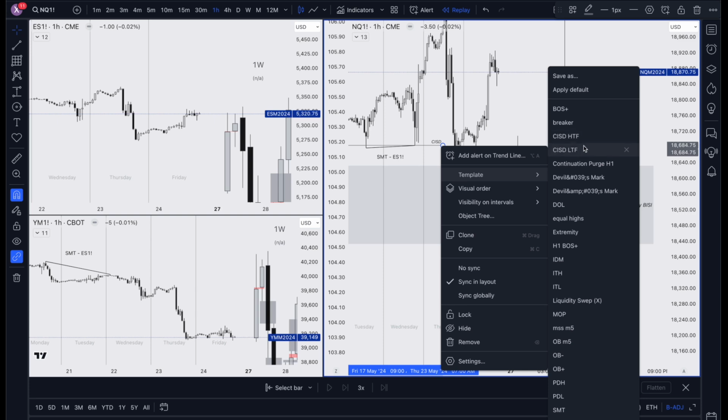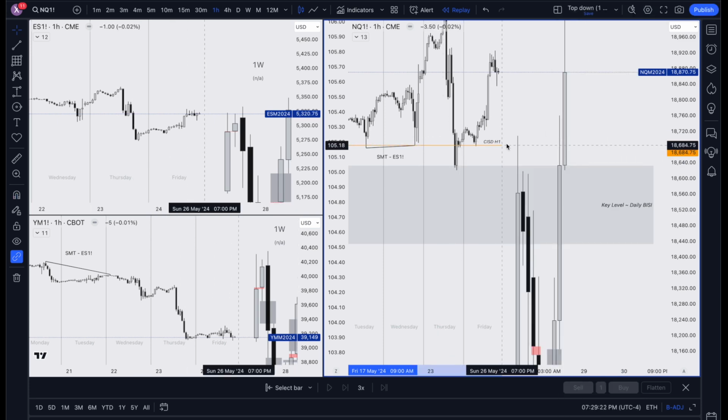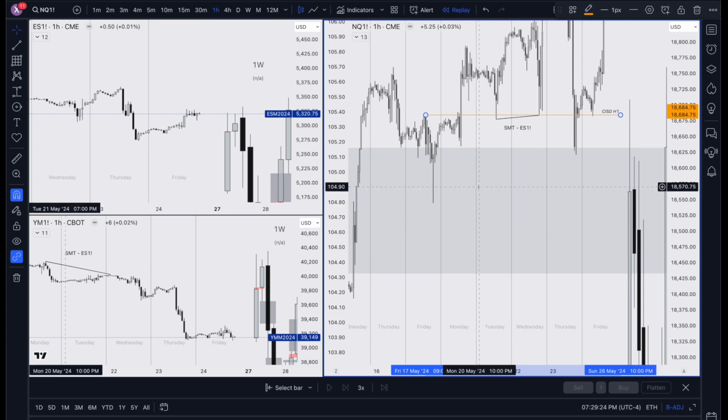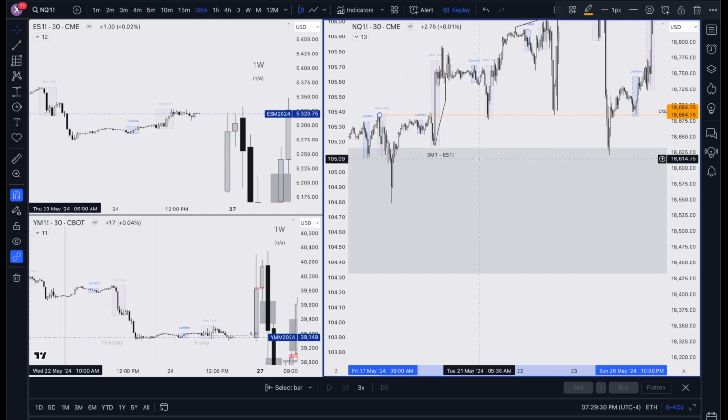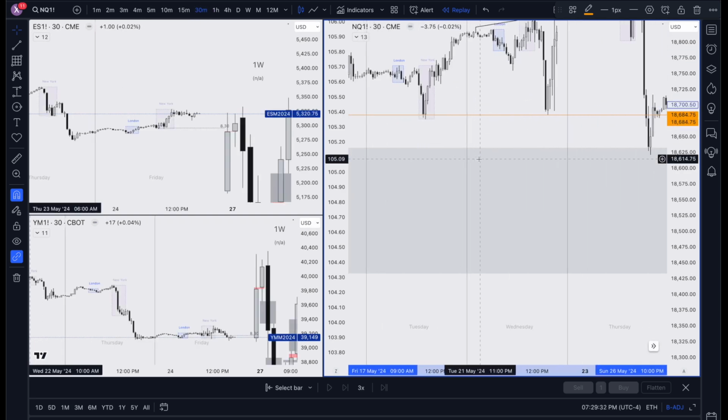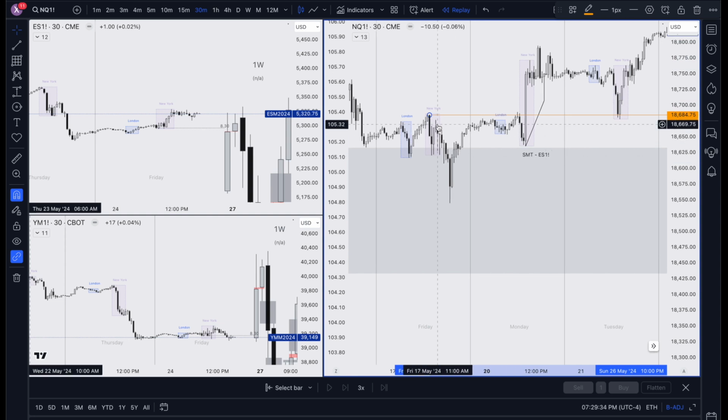So this is my daily level, but I'm refining it down to the hourly candles that give me large displacement lower. You can see it even clearer on the 30-minute chart. These down close candles in here lead to this reversal with less of a wick.